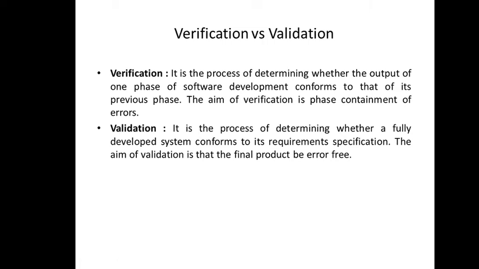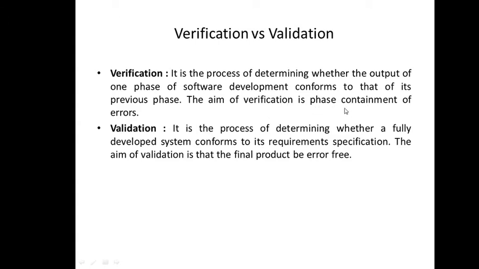Now, two terms which we have discussed earlier also: verification and validation. Verification is a process of determining whether the output of one phase of software development conforms to that of its previous phase. We have a sequence of phases, one after the other, so we have to check conformance with the previous phase. The aim of verification is phase containment of error.